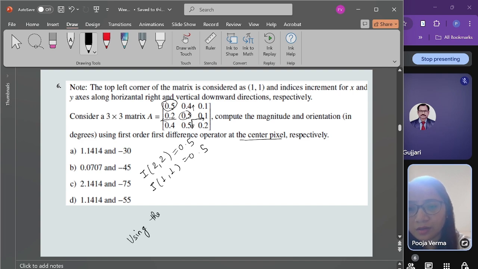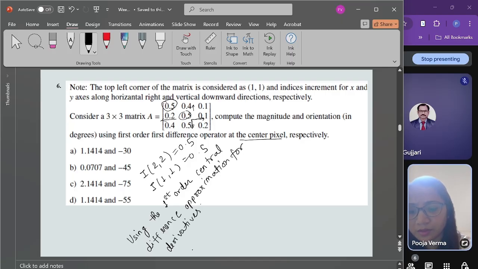Using the first order central difference approximation for derivatives, Ix is A(x+1,y) minus A(x-1,y) at the center pixel, divided by 2.